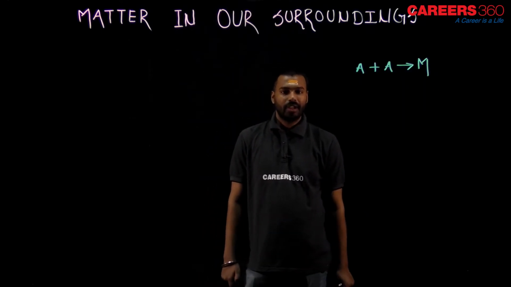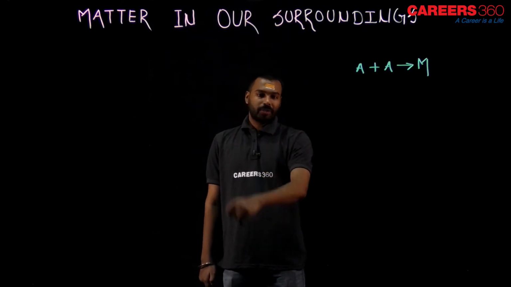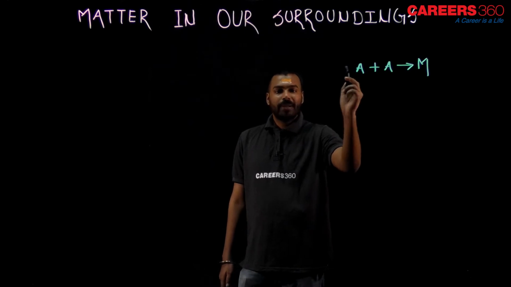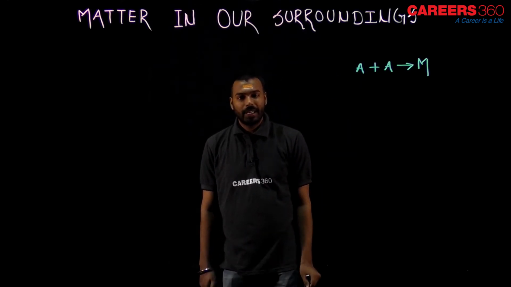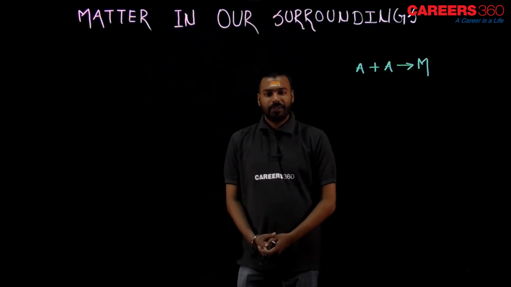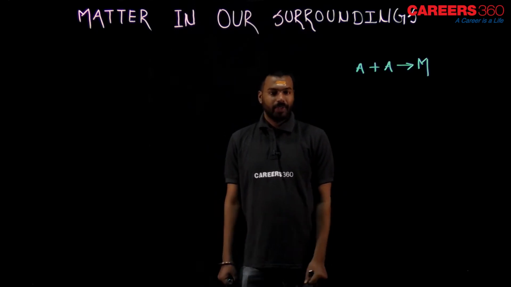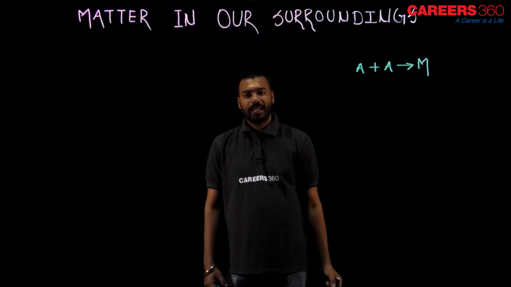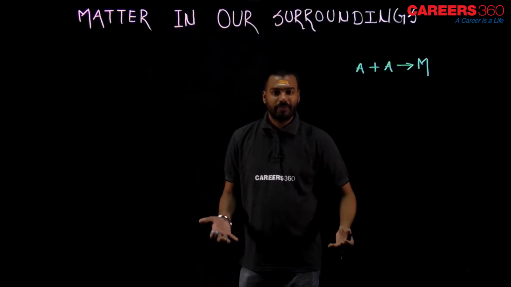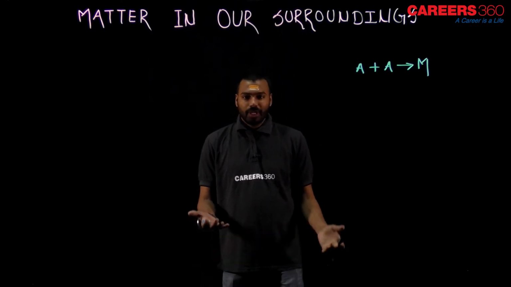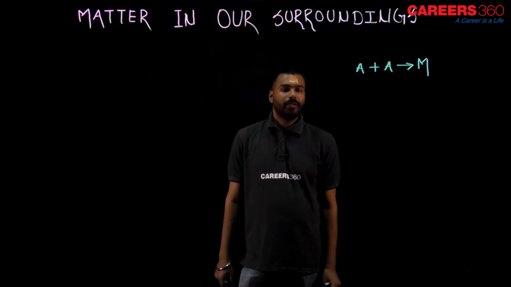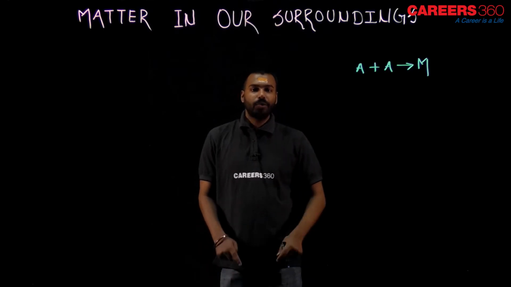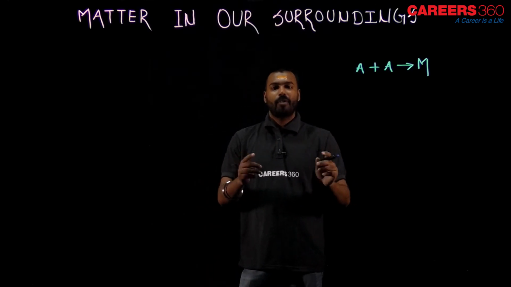Yes, that is correct. But there are two possibilities to combine. Possibility 1, both the atoms are the same type of atom, like oxygen and oxygen combining together. Second possibility is atom and atom combine together, both very teeny particles, both constituent particles of the matter, but the two atoms are two different types of atom.